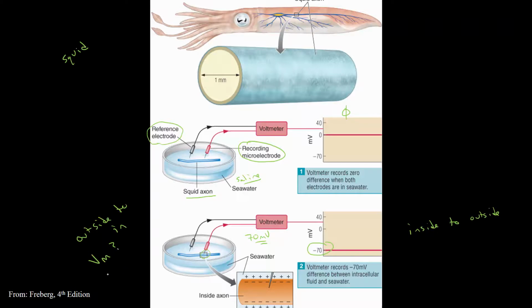Well, you know it's 70 millivolts. That's how much charge is separated. But the outside has more positive charges compared to the inside. So the outside compared to the in would be plus 70 millivolts. Okay, but by convention, we always compare inside to outside.